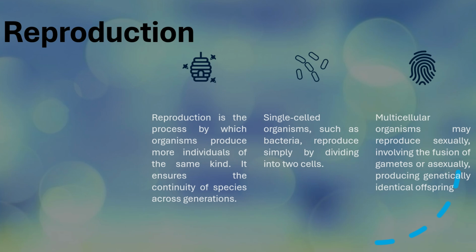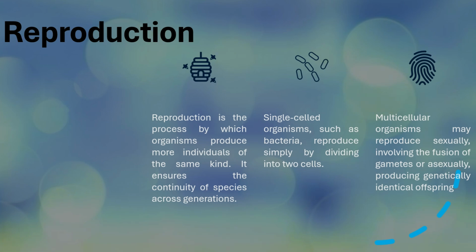But how does that happen? For single-celled organisms like bacteria, it is very straightforward. One cell simply divides into two, while for multicellular organisms, it can happen in two main ways. First, there is sexual reproduction. This involves the fusion of gametes, which are special sex cells.